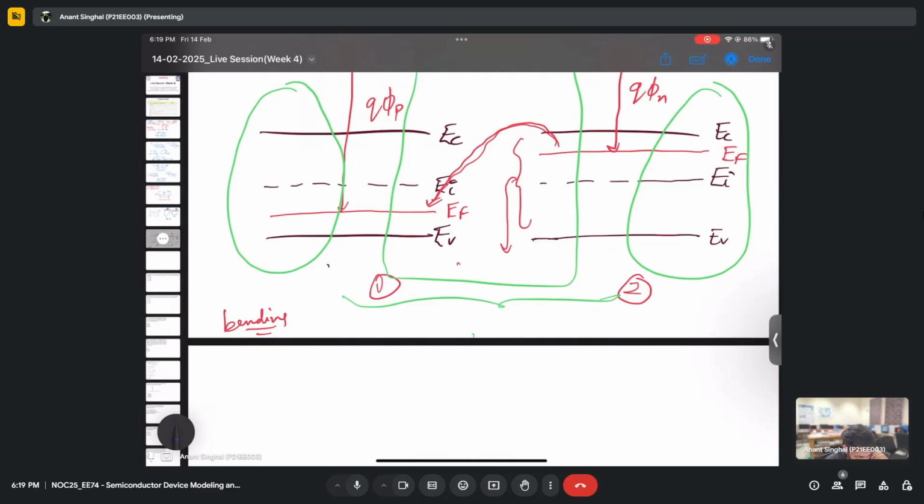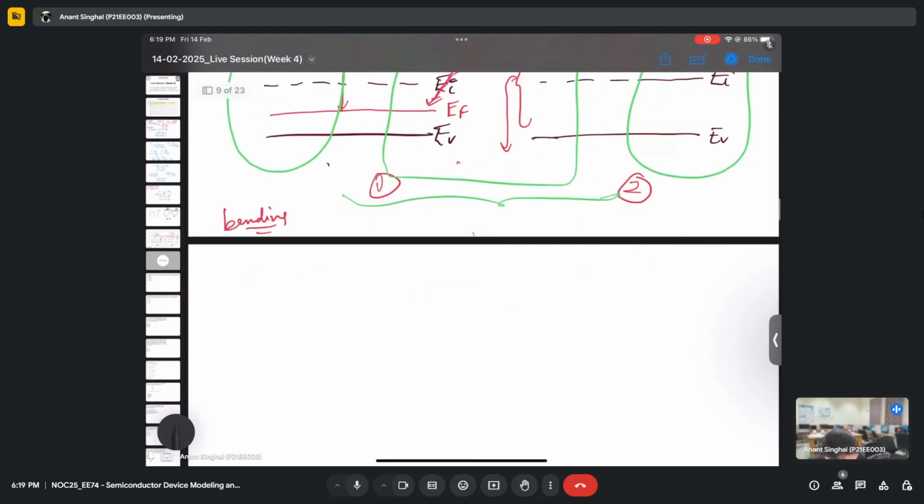I'm asking which universal equation is there to solve the potential profile or the electric field profile. Have you heard about Poisson's equation, everyone? Yes. So what is Poisson equation? Any idea? Any guess?